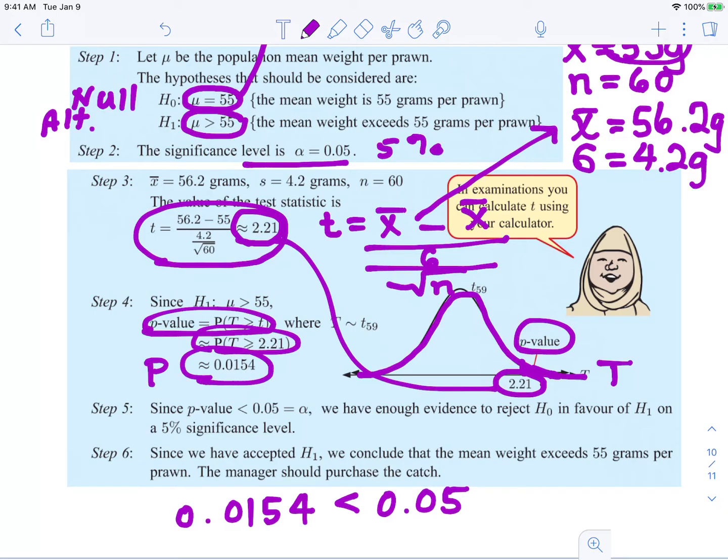So step 6, wrap it up. Since we've accepted the alternative hypothesis, we can conclude that the mean weight, the average weight of our 55,000 prawns should exceed the average 55 grams per prawn. That means the manager should purchase all of those prawns.